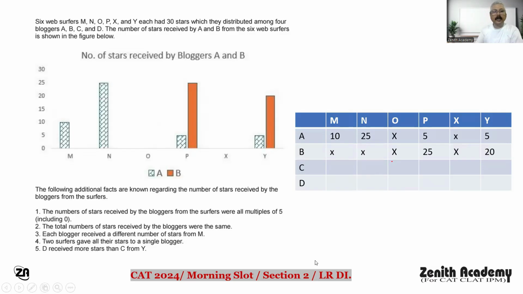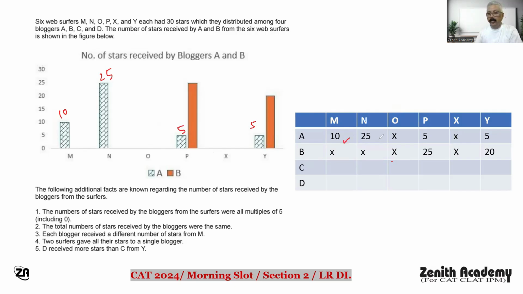Look here. The number of stars received by the bloggers A and B is given here. So this is for A and it is for B. A received from web surfer M 10, from N 25, and from P 5, and this is 5.